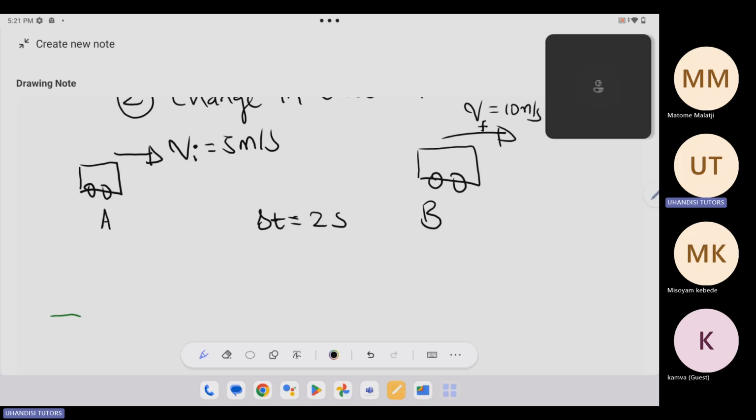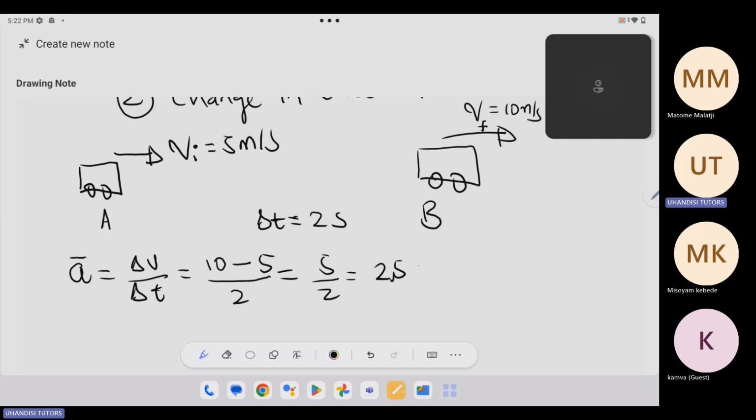So we can then calculate the magnitude of the acceleration. How would you do that? Acceleration is just change in velocity over change in time. This is equal to your final velocity, which is 10, minus initial velocity, which is 5, divided by the time interval of 2. So basically you have 5 over 2, which is 2.5 meters per second squared. So that is your acceleration.